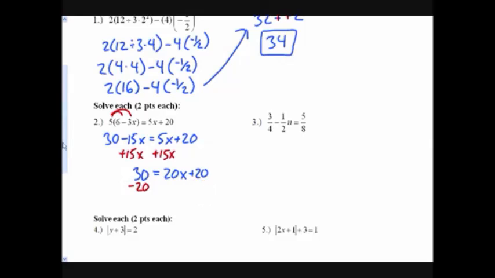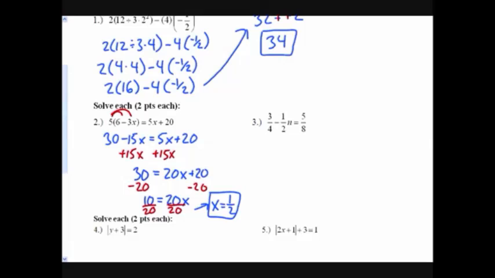Let me try again. So that's going to give me 10 equals 20x. And then the last thing I have to do is divide each side by the 20. So I find out x equals 1/2. Okay?